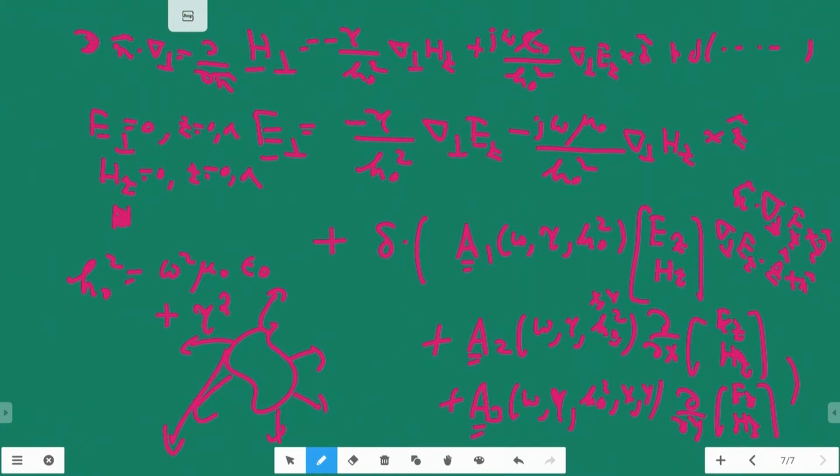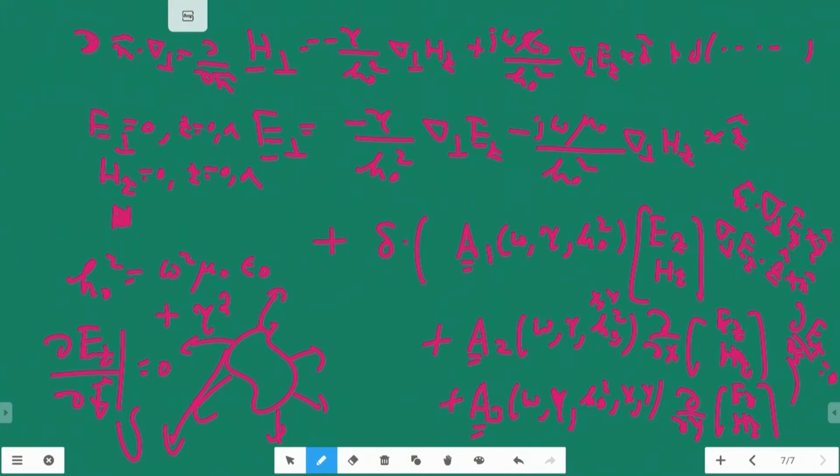So, this will give you dou Ez by dou t cap is 0, which will follow from the equation on the boundary, that is anyway 0 on the boundary, because Ez vanishes along the boundary.